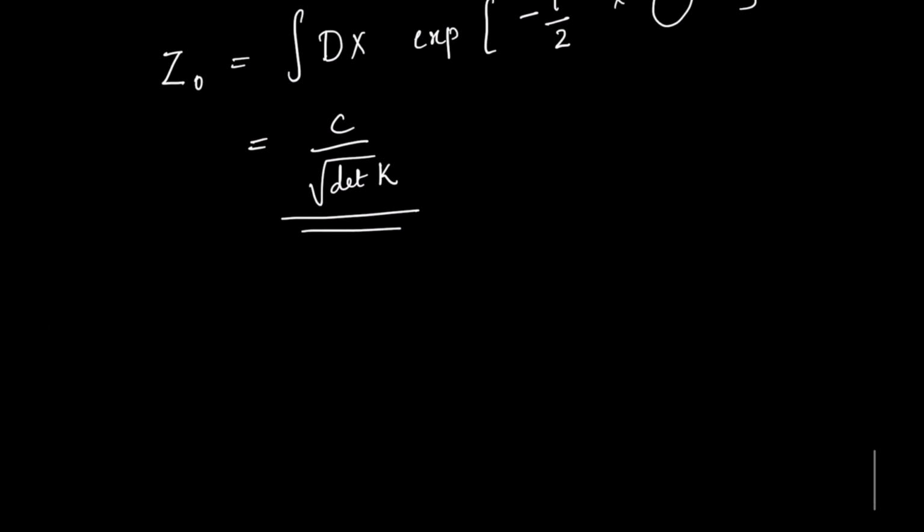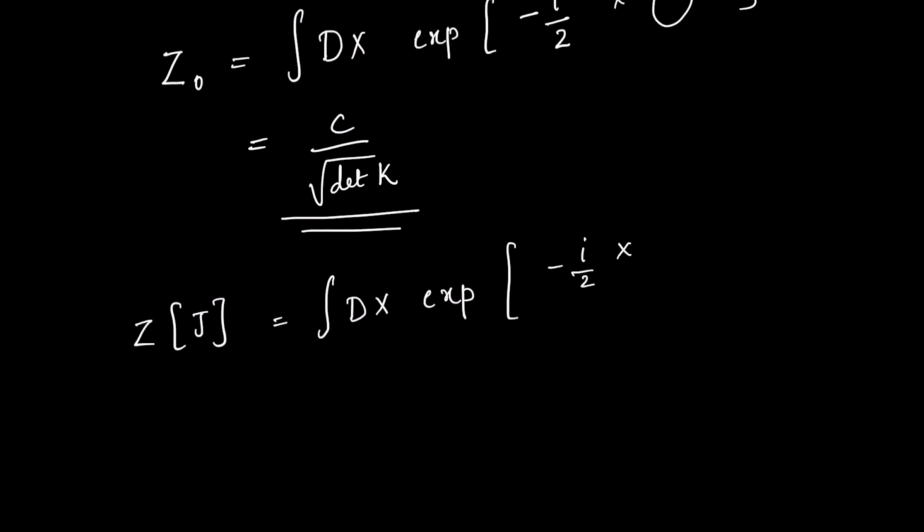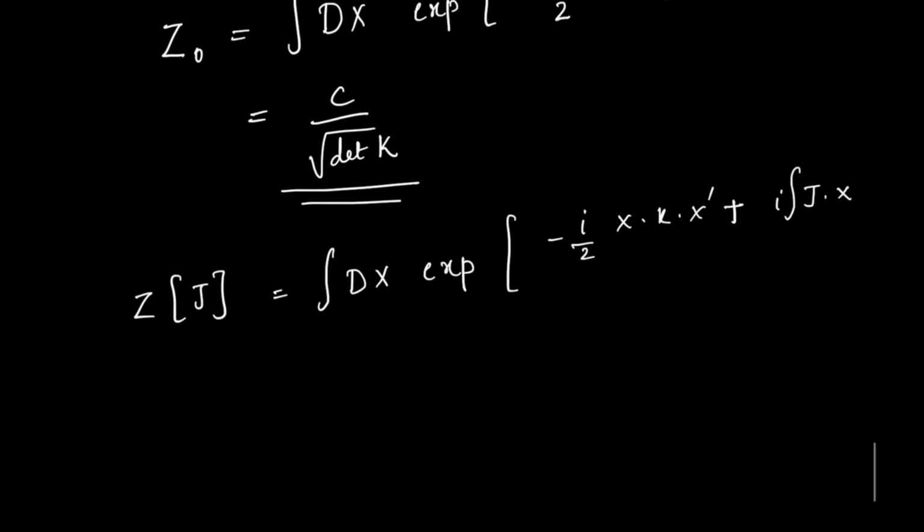So the generating function z of j will be integral dx exponential of e raised to minus i by 2 x k x prime plus, generating function means plus i j x. I'm just writing i j x, but there is an integral: e raised to i integral of j of t x of t.